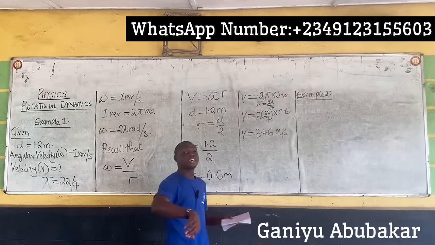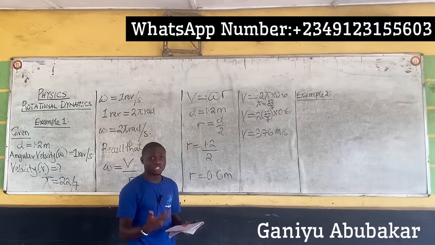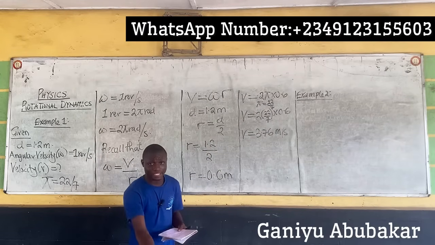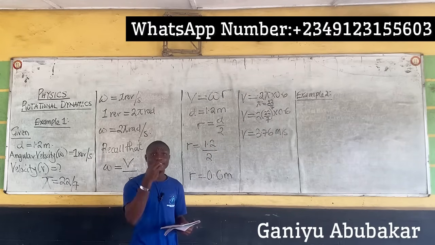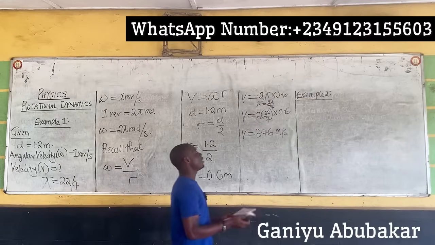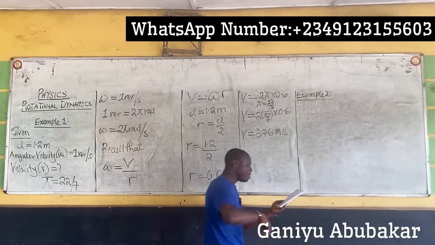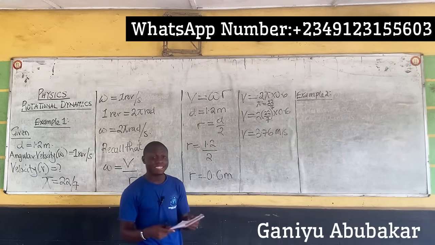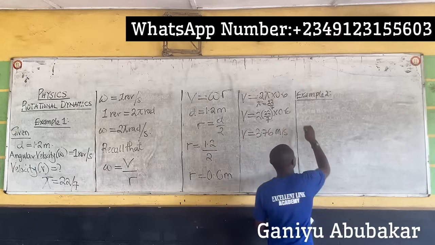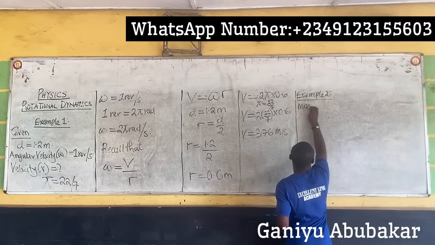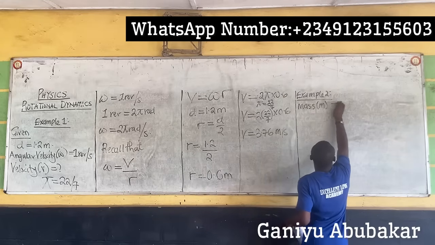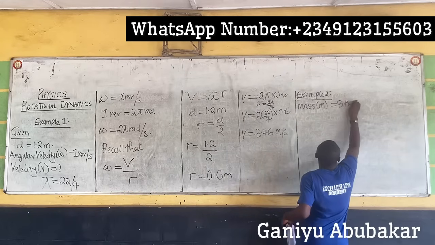We said first things first, when you read a question in science, your first task is to list out the given parameters, please. So for instance, what I'm given here: an object whose mass is 3 kg, so mass of an object, m, is 3 kilogram.